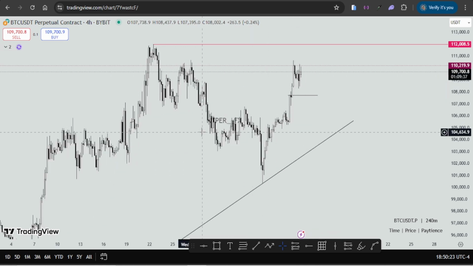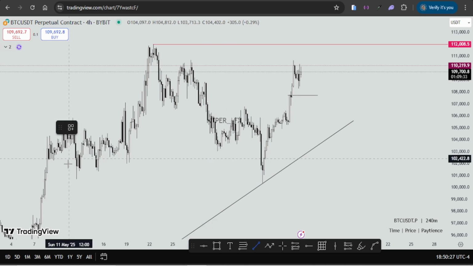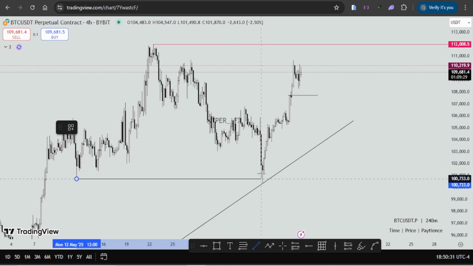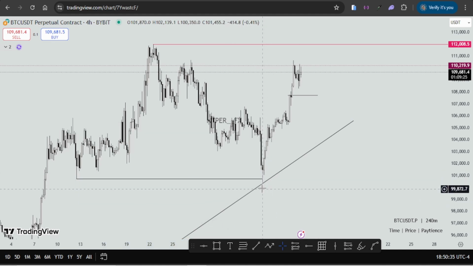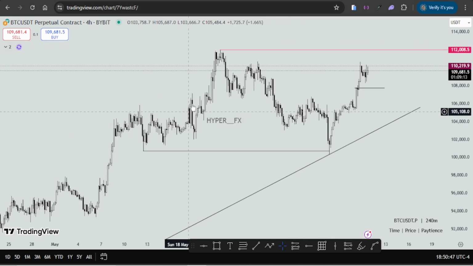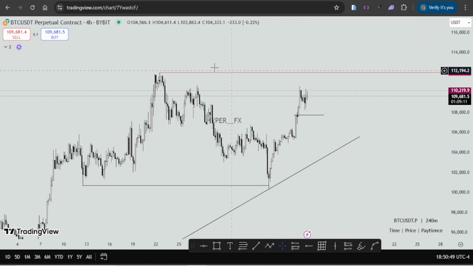Okay, so if you observe on the down part or on the south side, you will see that there was a liquidity hunt right here. There was a liquidity hunt right here. Yes, extreme liquidity hunt. And what we have here is a relative equal high.